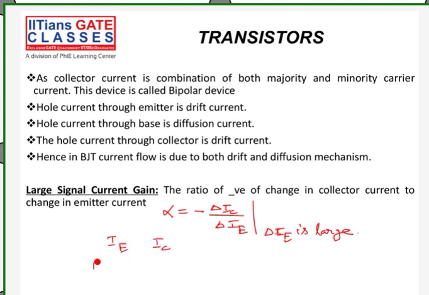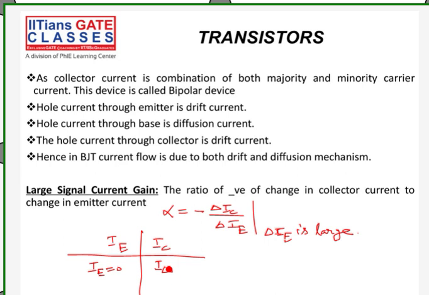Suppose I write here: if IE is 0, then IC will be equal to ICO, because if IE is 0 means IP is 0, then IC equals ICO only.